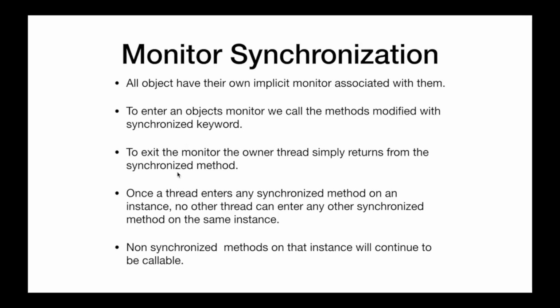To exit a monitor, the owner thread simply returns from the synchronized method. Once a thread enters any synchronized method on an instance, no other thread can enter any other synchronized method of the same instance. Non-synchronized methods of that instance will continue to be callable. So in an object, all those methods which are modified with the synchronized keyword will have a single access to one thread.